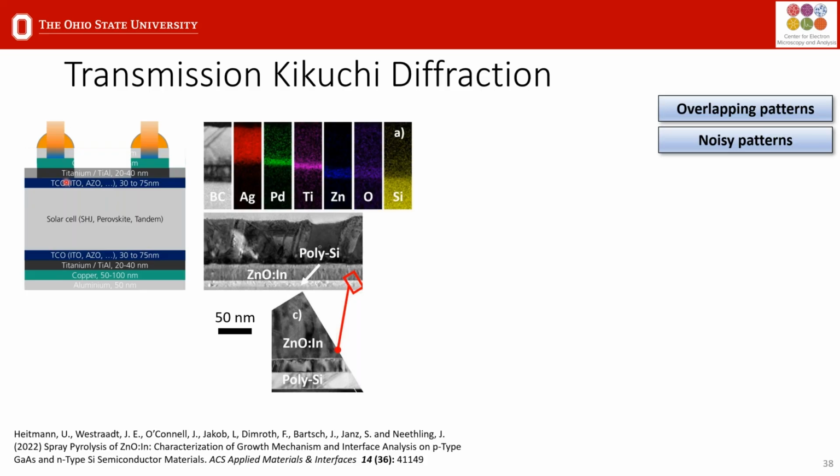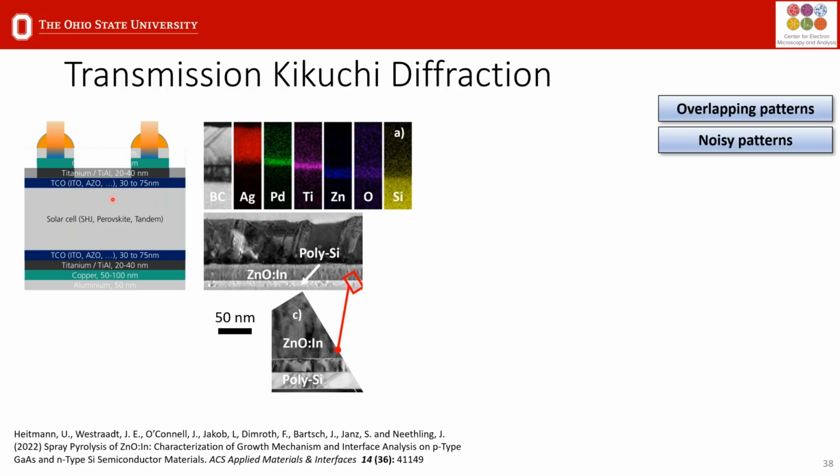And for this project, they evaluated a high throughput atmospheric pressure spray technique to make this conductive oxide. But what they found is that sometimes there's a high contact resistance between these layers when you use this spray technique. And so we performed electron microscopy to really understand what's happening between these different layers.